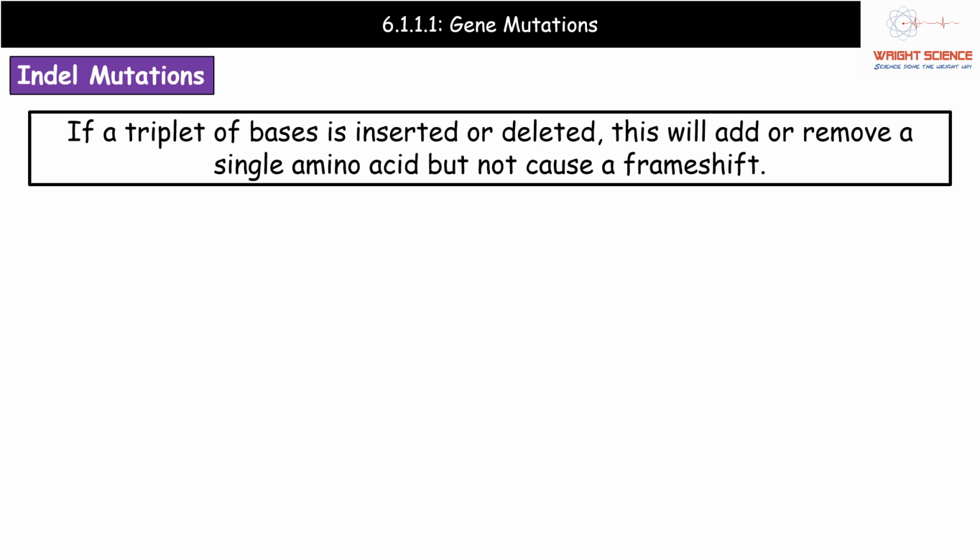If, however, we insert or delete an entire triplet of bases, then what we're not going to see is a frame shift. Because if we've got, and I'm just going to pick a random little code, let's do that. There we go. So if we've got this little sequence of bases, then we've got our three little codons there.